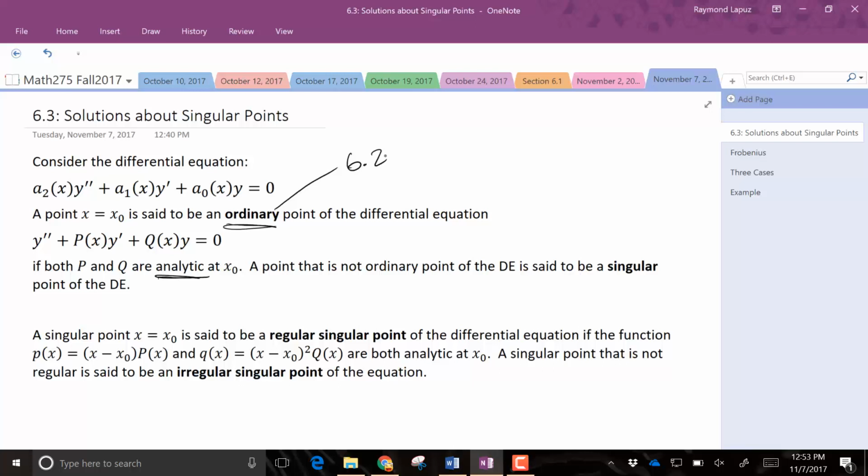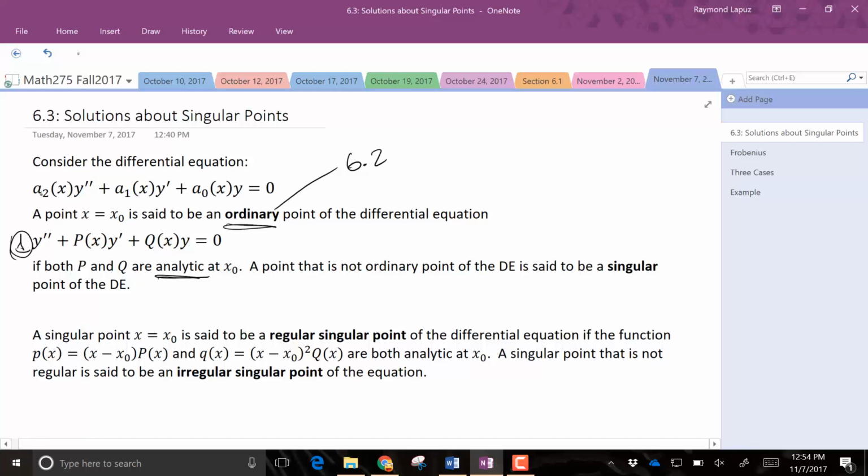Now we're going to further categorize the idea of singular points by dealing with polynomials. We find these singular points by making the coefficient of the double prime equal to 1, and then dividing things out.